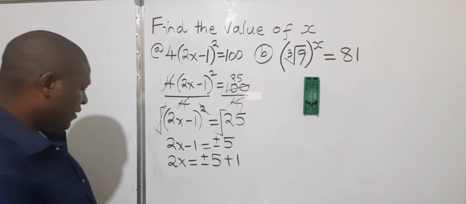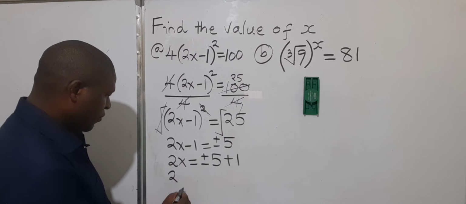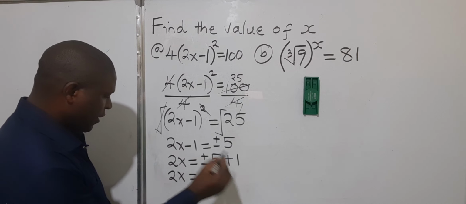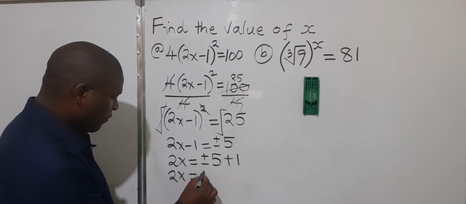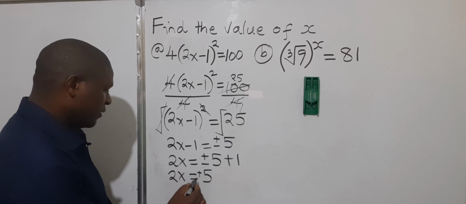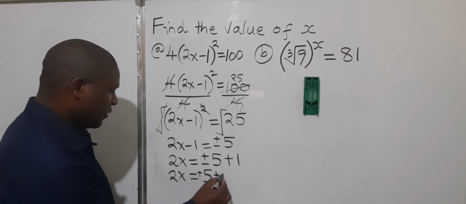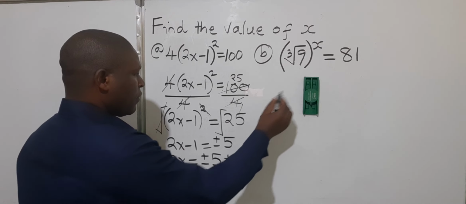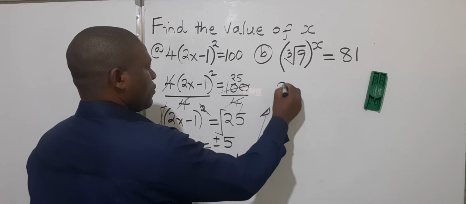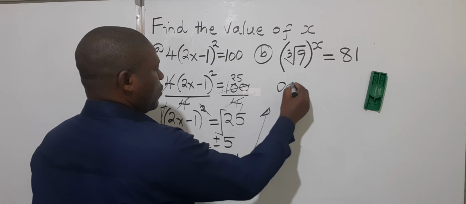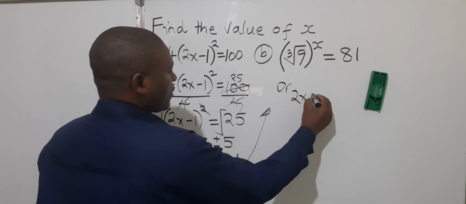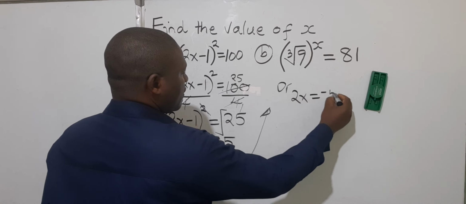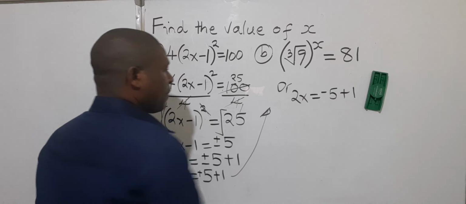Okay? This means 2x equals to, the first one you are going to have positive 5 plus 1, or 2x equals to negative 5 plus 1.